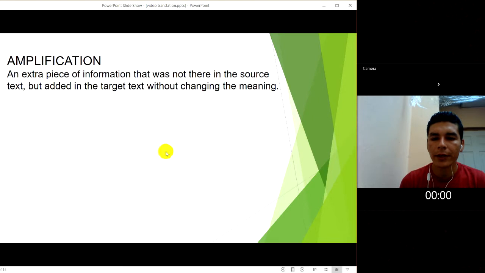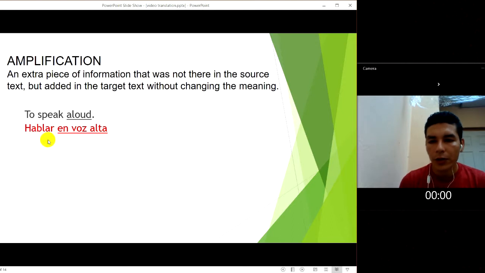Here in the sentences, for example, "to speak a lot" is a short sentence, but we amplify the sentences. For example, "to speak a lot", and in Spanish, "hablar en alta voz" is longer than the English.